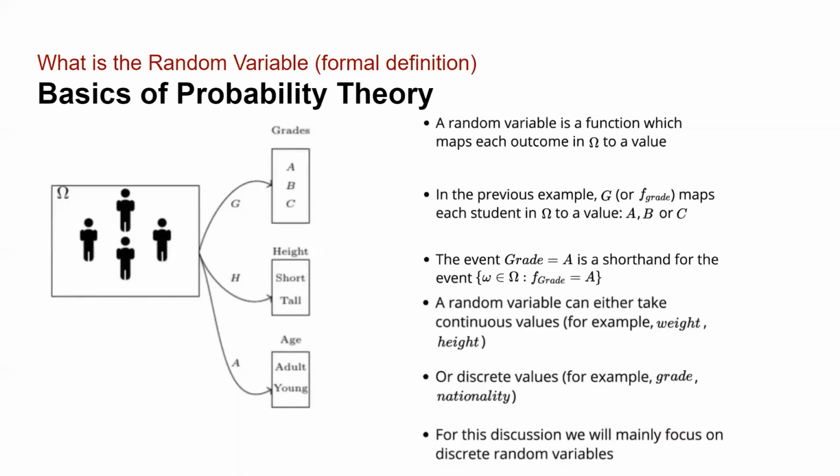If you are performing an experiment where the set of outcomes you will have is discrete in nature, for example, tossing a coin, this is an experiment which will give you a discrete random variable. The outcome will be either head or tail. Another example is counting the number of defective items on a conveyor belt.